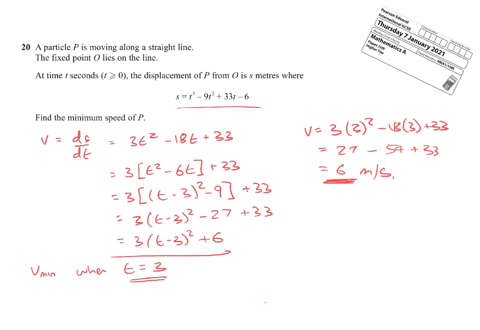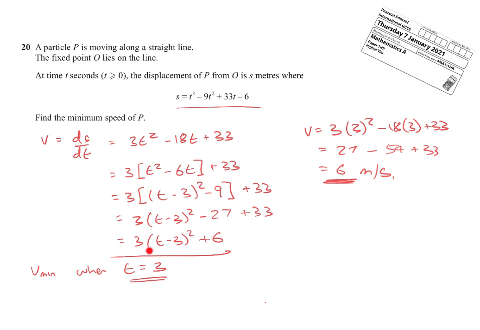So in review, when you've got a question such as this, they're looking at displacement and so on. We want the speed from that formula. Differentiate first to find the minimum from a quadratic. What you need to do is make sure you have completed the square. To complete the square, you need to have it in this form first, so for example, t squared minus 6t. There's quite a bit of work here to go through, quite a few skills involved.